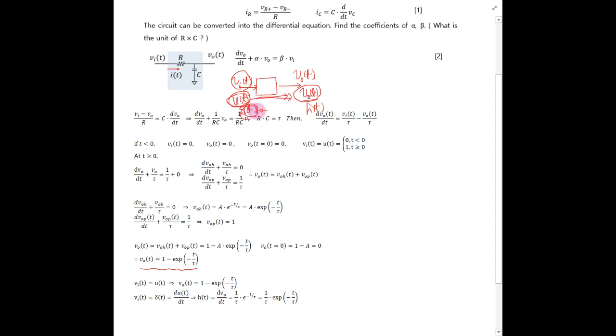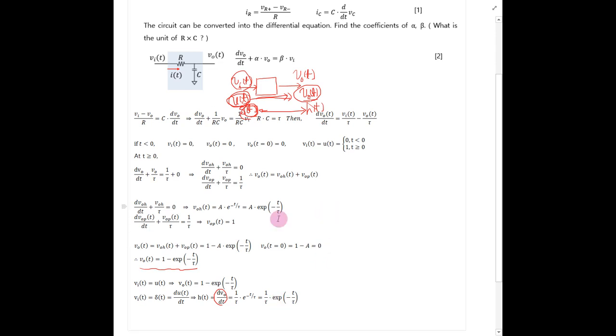If an impulse is applied at the input, what will come out? That can be found by these relationships. The unit step's derivative in time gives the impulse. Then for the output, this is a linear system, so the same differential operator applied to the output will give the output impulse response. So this is the impulse response.